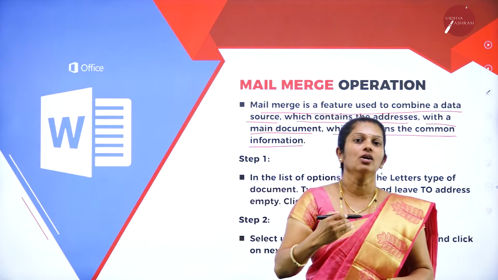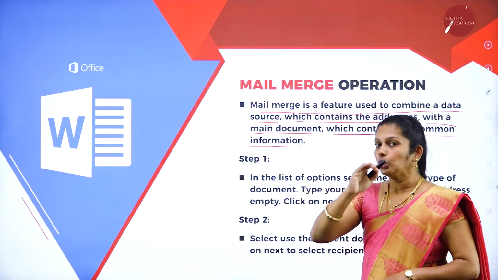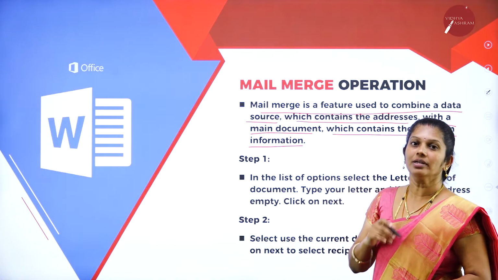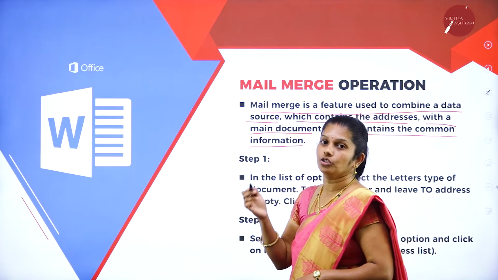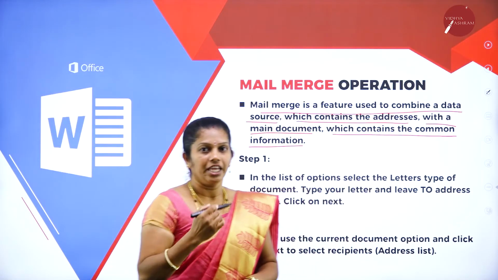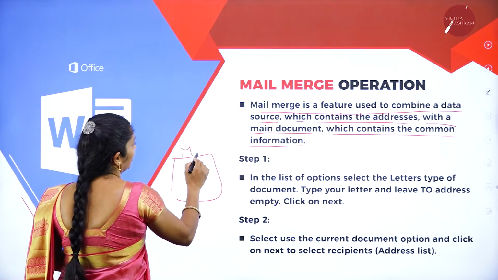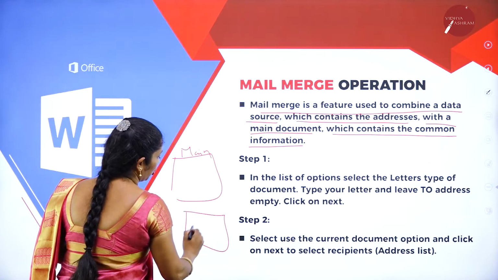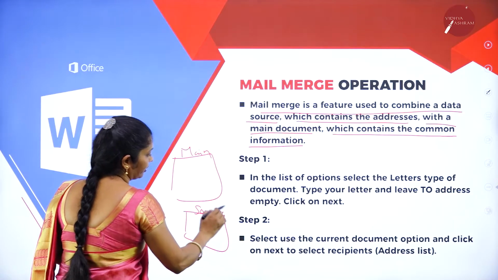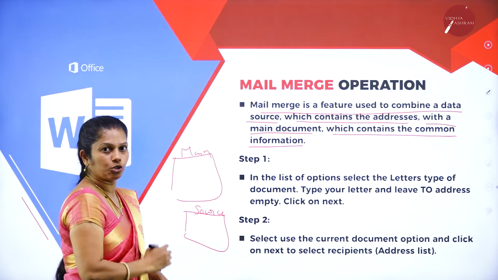The 'To' address list where we have stored the details can be called the source document. Here in mail merge, first we have to create one main document and one more, the source document.